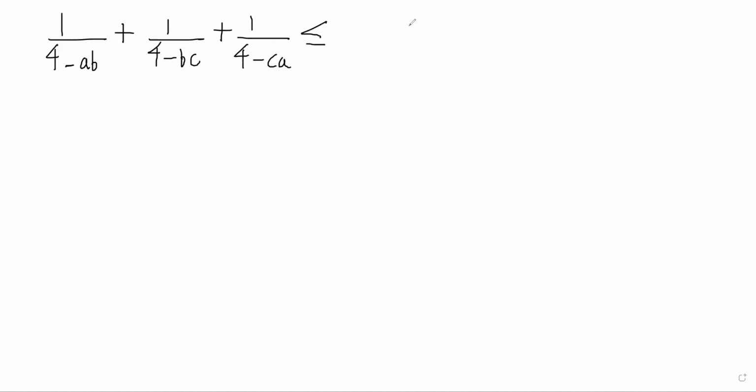So we have this right now, less than equal to 3 by (4 minus root over ((a square b square plus b square c square plus c square a square) by 3)).